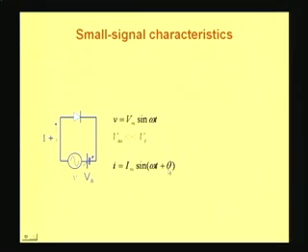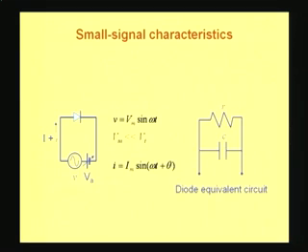So we would like to find out what kind of an equivalent circuit will explain this phase difference and will also help us to calculate the amplitude of the current for a given voltage. So the equivalent circuit of the diode will look something like this. We would like to explain how you obtain the diode equivalent circuit as a parallel combination of a resistance and a capacitance.